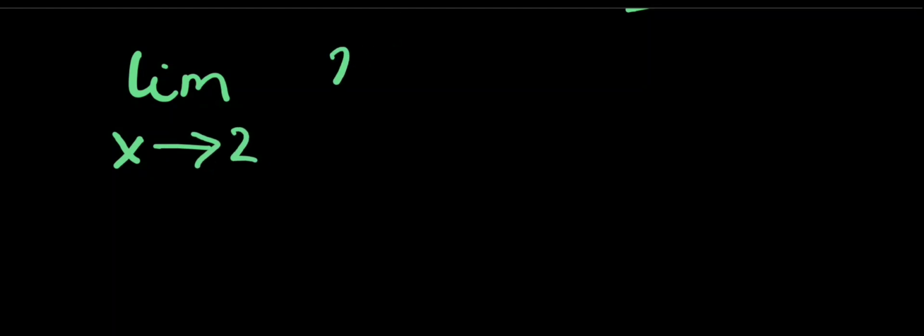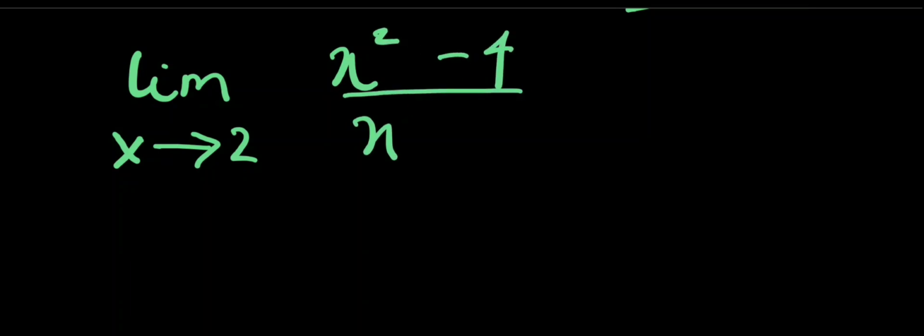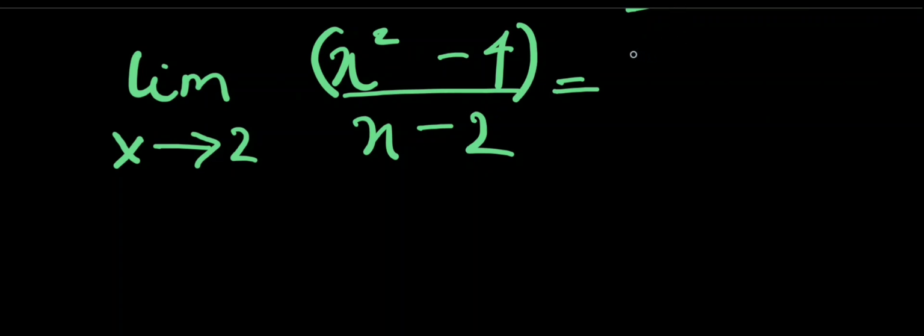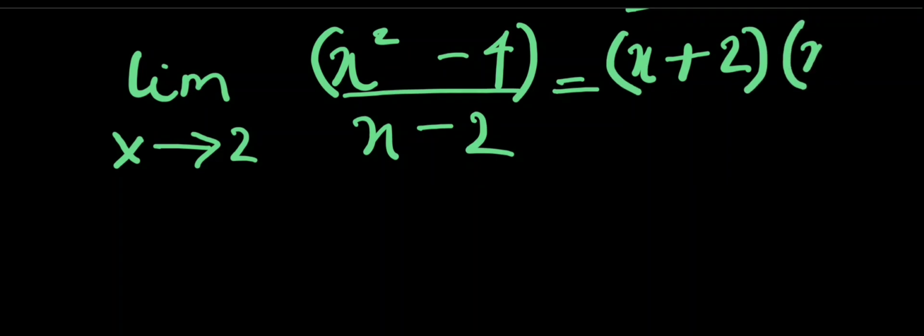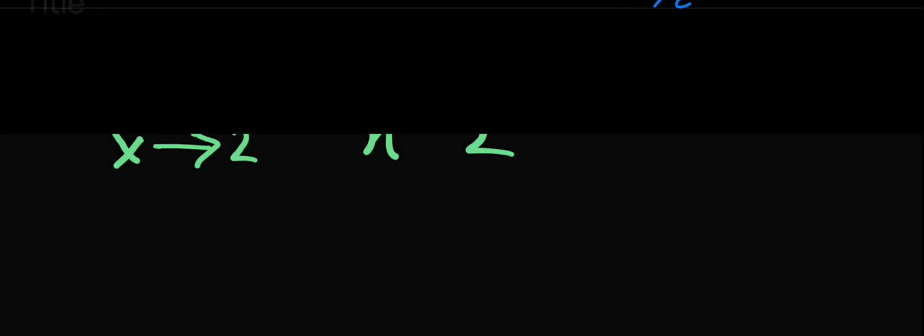Alright, so x squared minus 4 over x minus 2. What can we rewrite this as? We can rewrite the numerator as x plus 2 multiplied by x minus 2, because 4 is just 2 squared.